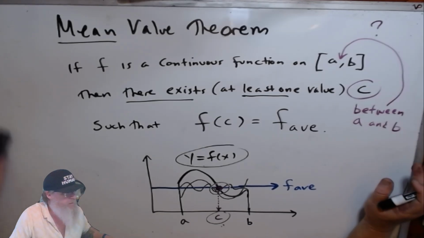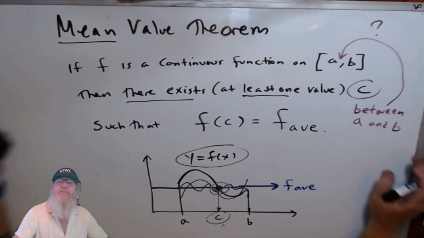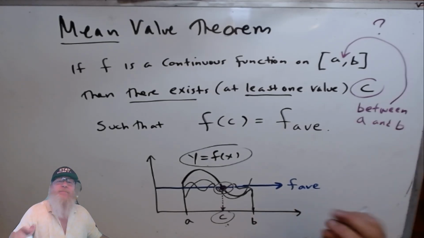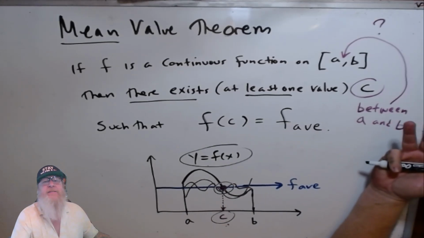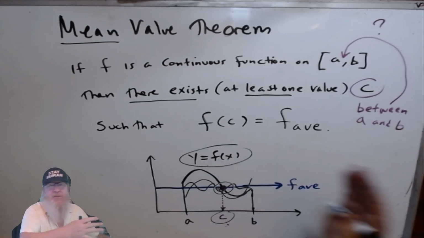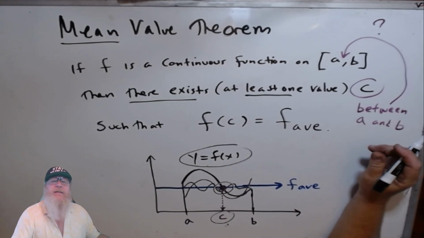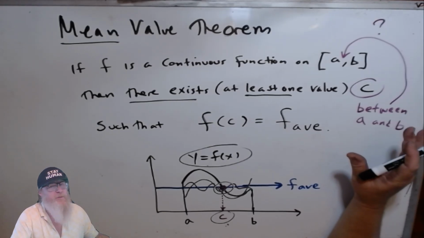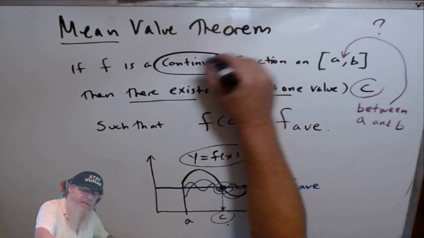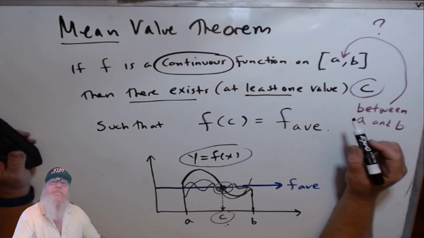In real life application, you might say, well, again, go back to the test. If I give a test to the class and you get a whole bunch of different grades, and then I say the average is 76, it does not mean that at least one person got a 76, right? Because grades are not continuous, right?